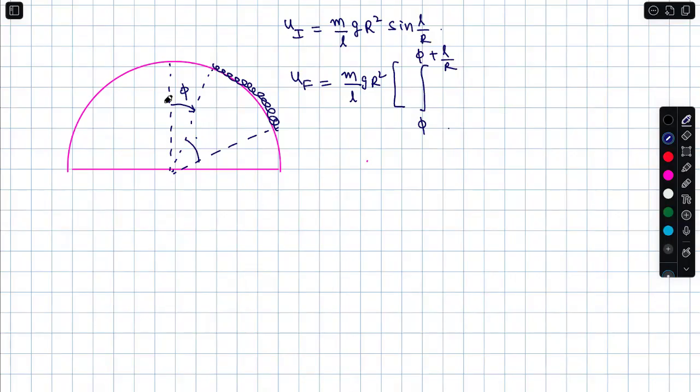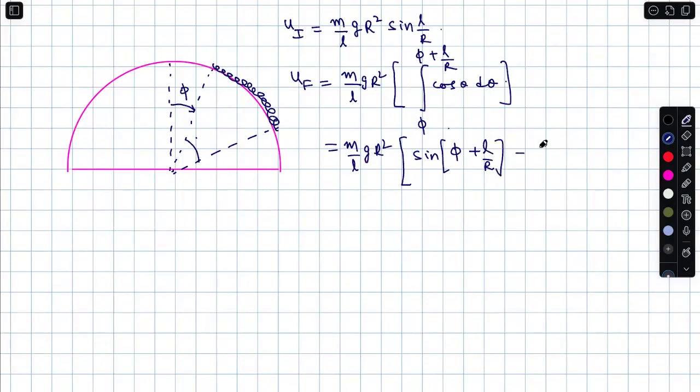You defined theta as 0 earlier. Now this angle is phi plus L by R. Integrating cos theta d theta, what is this going to be? M by L g R square times sin of phi plus L by R minus sin phi. So the loss in potential energy is the gain in kinetic energy.